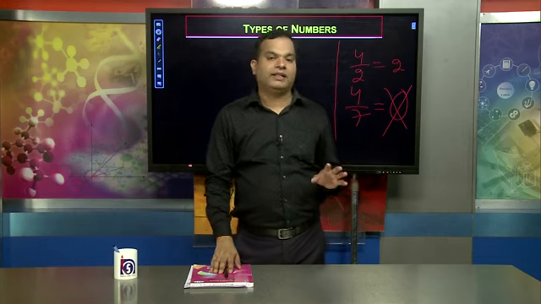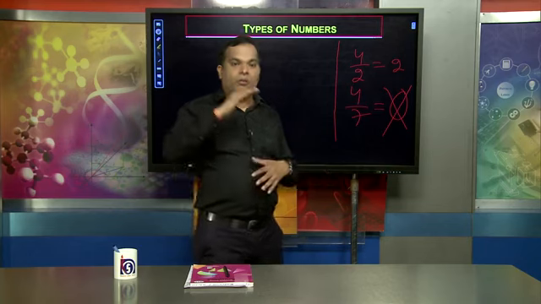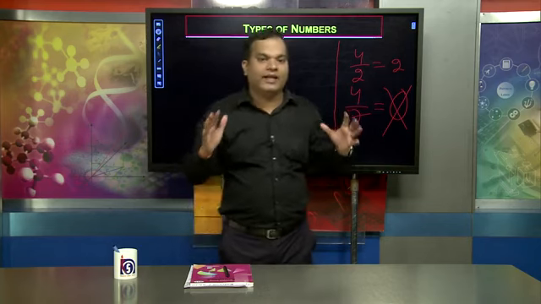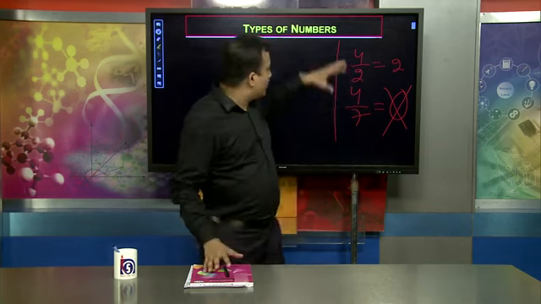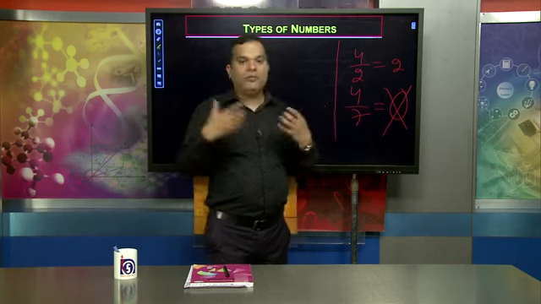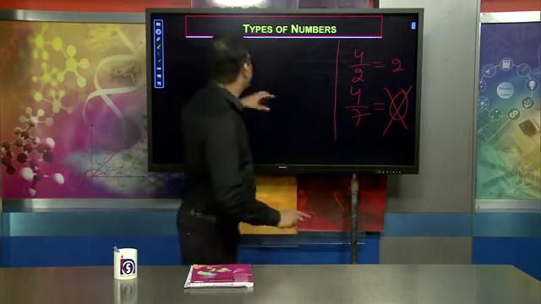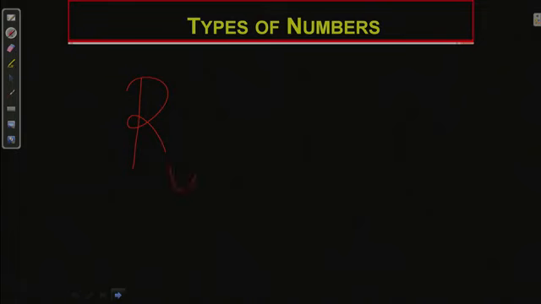For example, 4 by 7: one integer divided by another integer, you cannot always find a natural number, whole number or integer. What we will find is the very important fourth category, which we call the rational number.